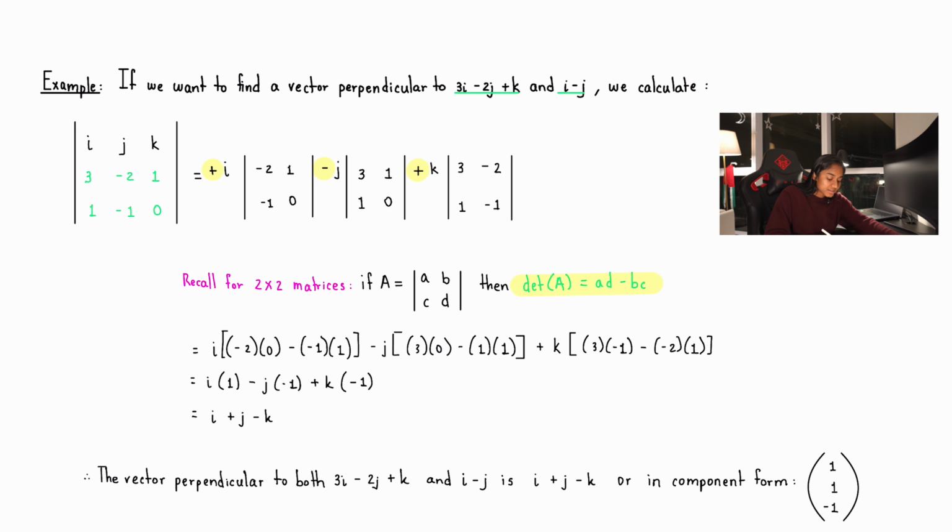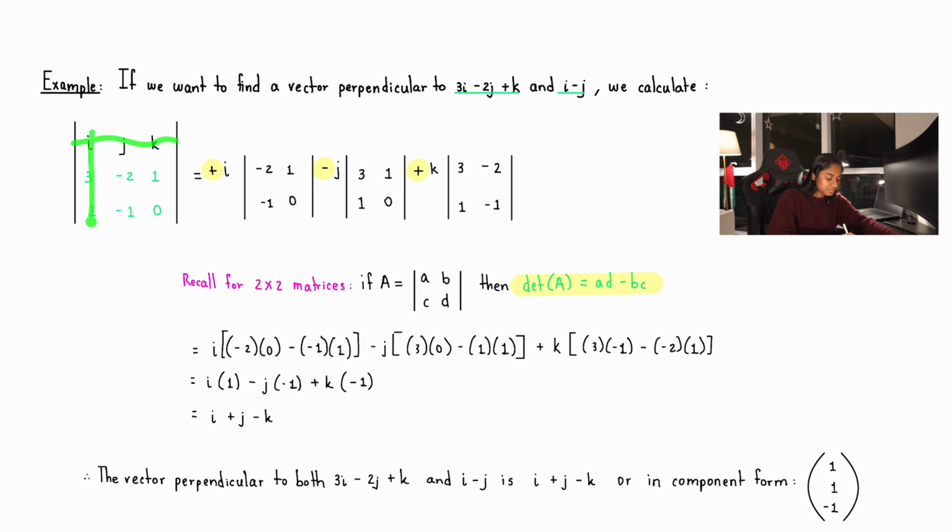So we have 3i, so this would be 3, minus 2j, so it's a minus 2 here, and then we have k. Remember, if there's nothing in front of k, that means it's a 1. Then we do the same thing for the second, i minus j, so we have 1, minus 1, and 0 because we have no k value here.